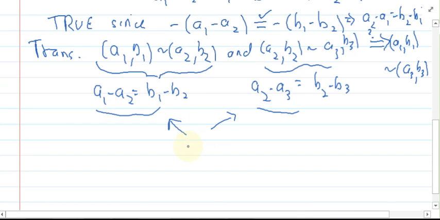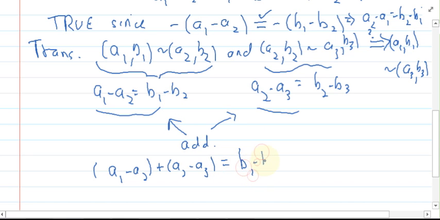I'm going to take these two and add them together. If I add these equalities, I'm going to get A1 minus A2 plus A2 minus A3. So I'm adding the left-hand sides, and that's equal to B1 minus B2 plus B2 minus B3.